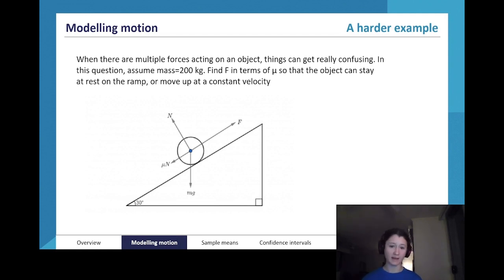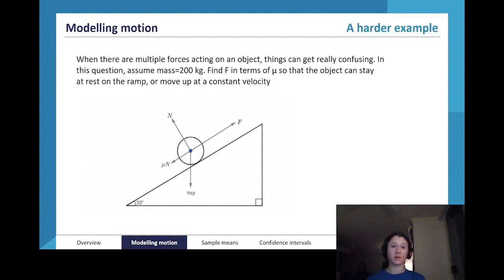Now we have a harder example. Now we're getting onto a harder example, and this is where we have an object on an inclined plane, right?